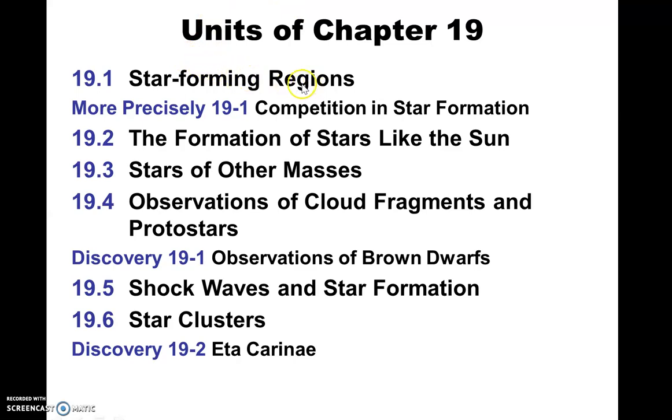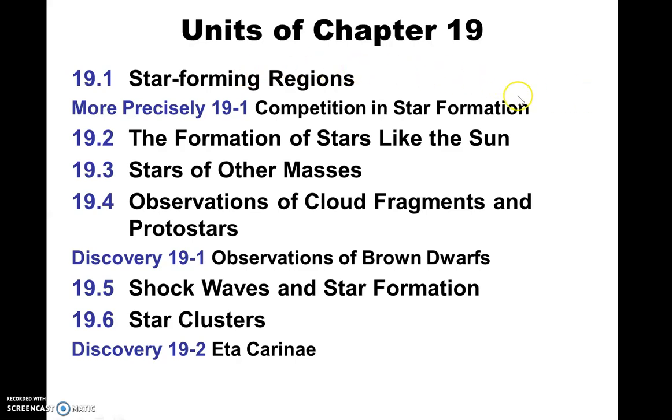First of all, the last chapter, chapter 18, really dealt with the interstellar medium, the stuff between the stars. It shows us there are these huge regions, huge volumes where there's many times the mass of the sun of material, but it's spread out over an incredible amount of volume, many parsecs across.